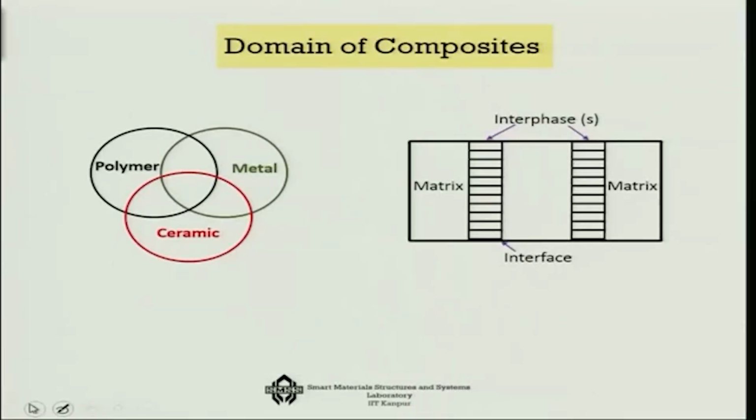What is the domain of these composites? I told you that it's a domain of mixing of polymers, metals and ceramics. So all these interaction domains are composite domains. In a composite generally you will find two different phases.